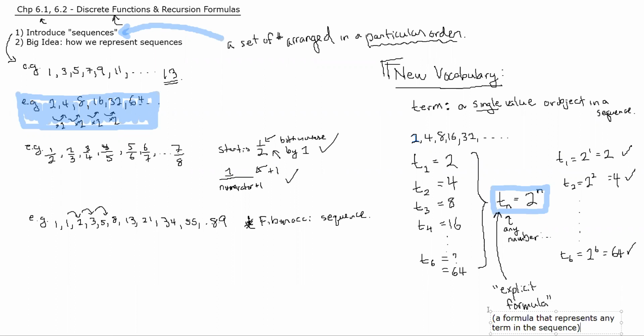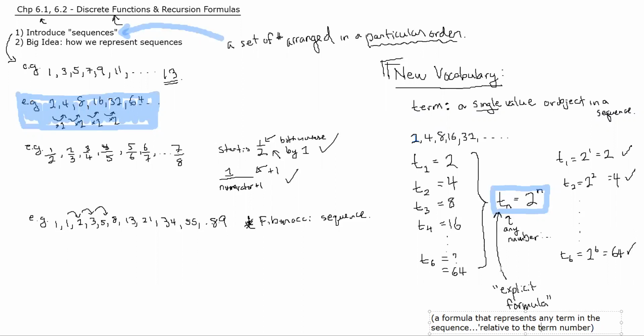Okay. By that I simply mean relative to the term number. You can't even see that properly, can you? In other words, for the explicit formula, as long as I know what term I want to find, you can calculate that value, right?